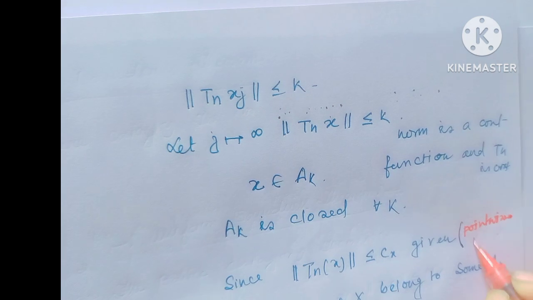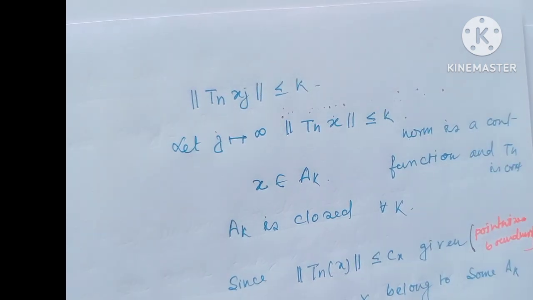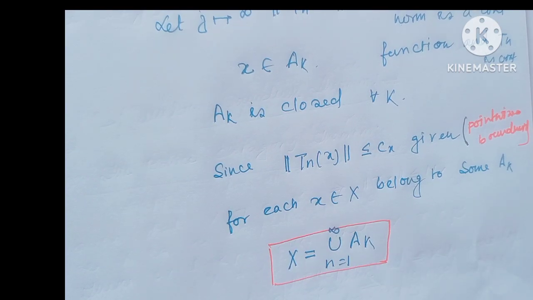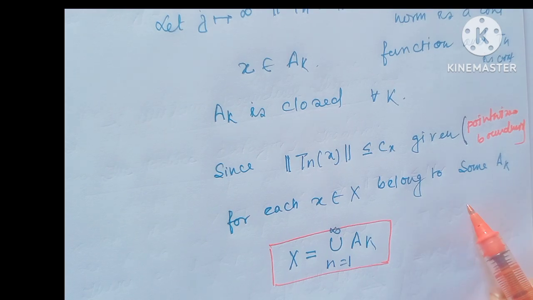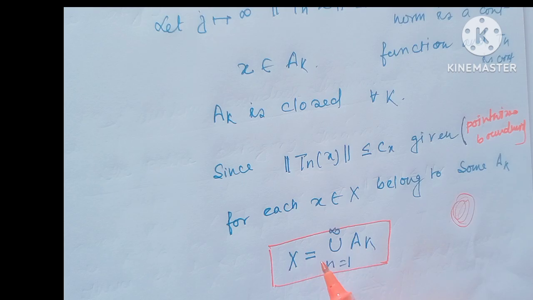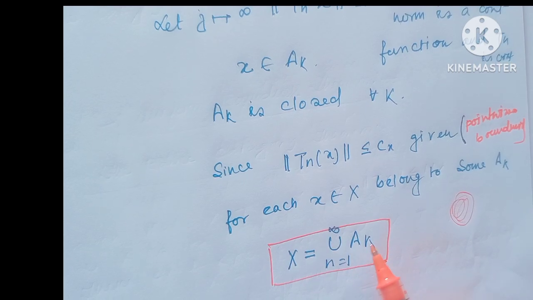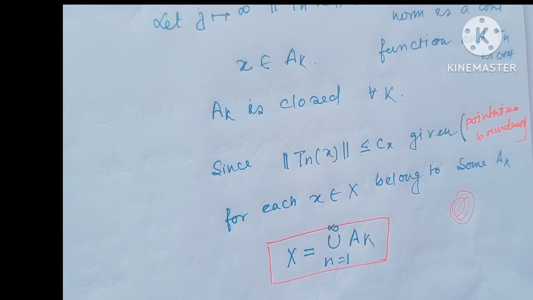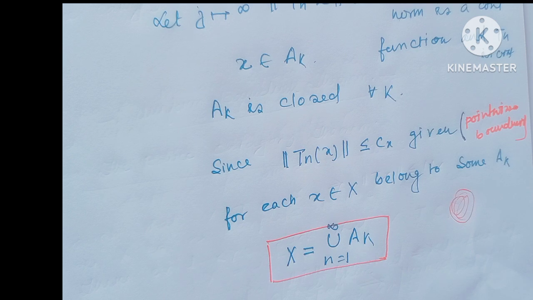We have to prove uniform boundedness. Then each x belonging to X belongs to some Ak. Therefore X is the union over n equal to 1 to infinity of Ak, where Ak is a closed set. I hope all my viewers have understood.